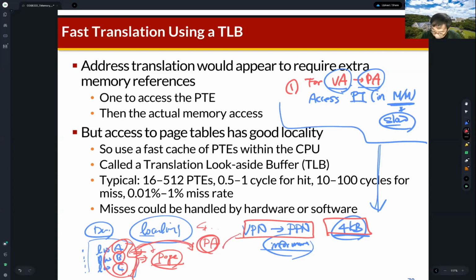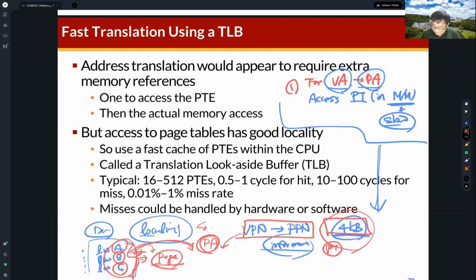Which means if a certain page table entry is used for this virtual address to physical address translation, then in the near future, the same page entry will be accessed again and again.